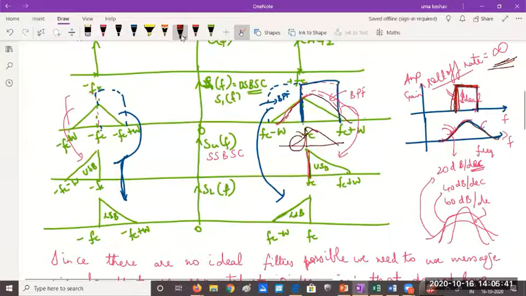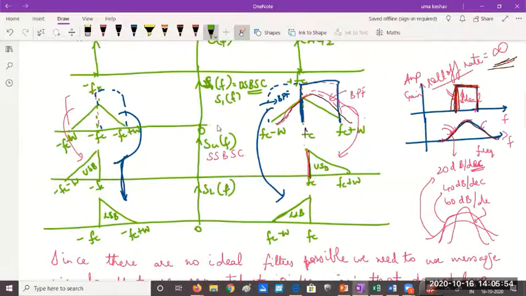So what did we decide? We have to use message signals which have a gap in the spectrum near 0.